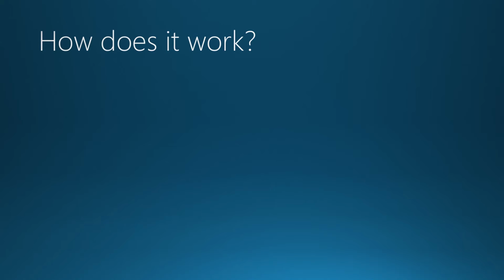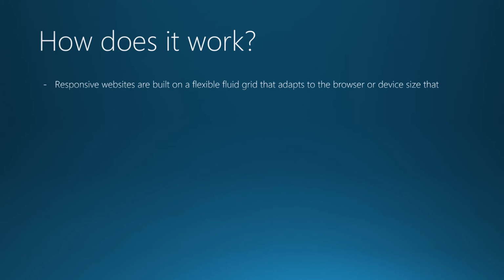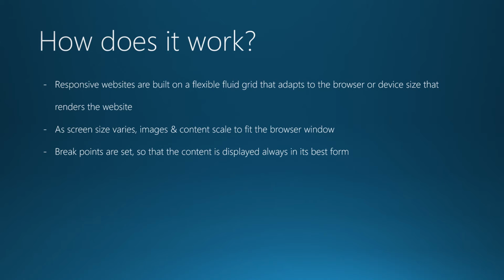So how does it work? A site designed with responsive web design adapts its layout to the viewing environment by using a fluid, proportion-based grid, flexible images and CSS media queries. The responsive websites are built on flexible fluid grids that adapt to the size of the browser that renders the website.